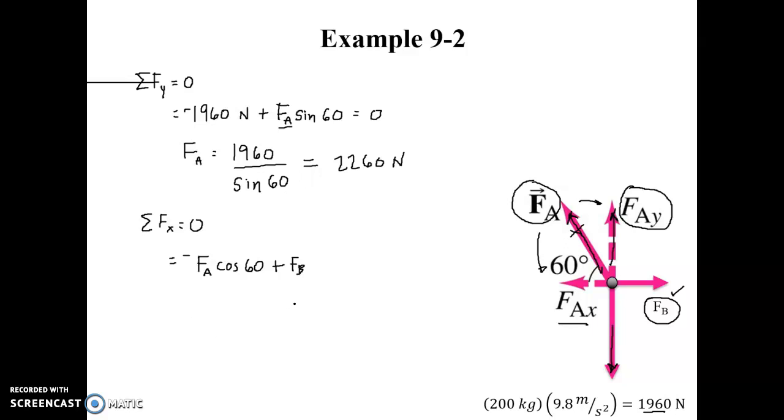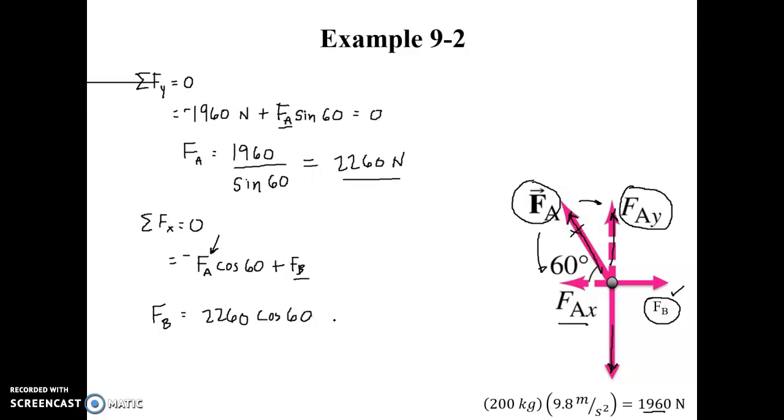And so we know FA now. We solved that up here. So we can put that into this equation and solve for FB. So FB is just going to be equal to 2260 times cosine of 60.